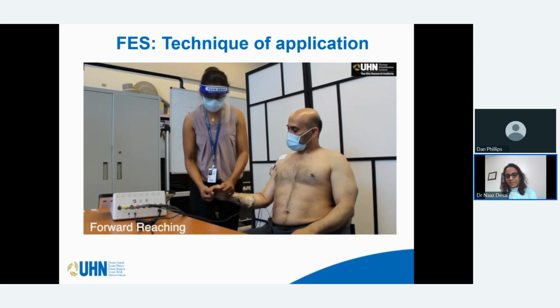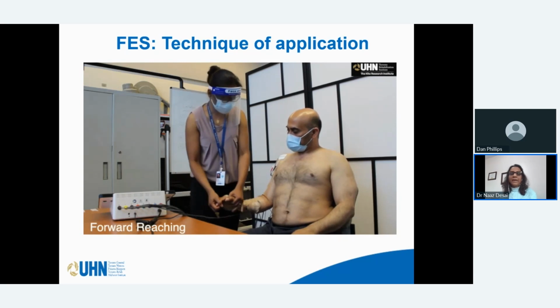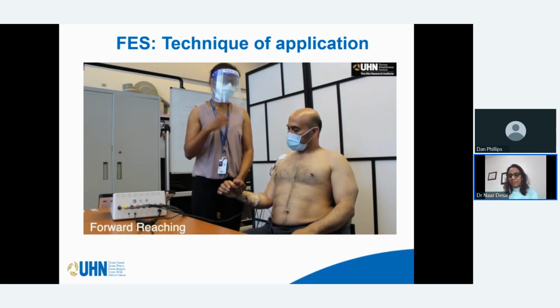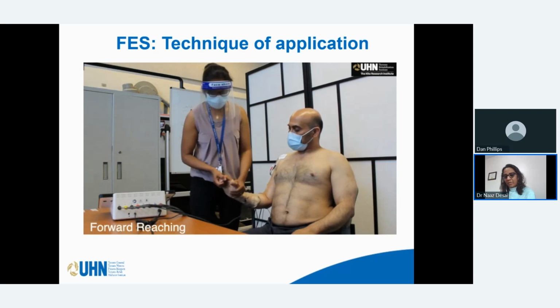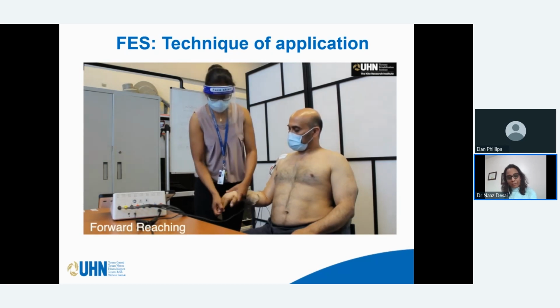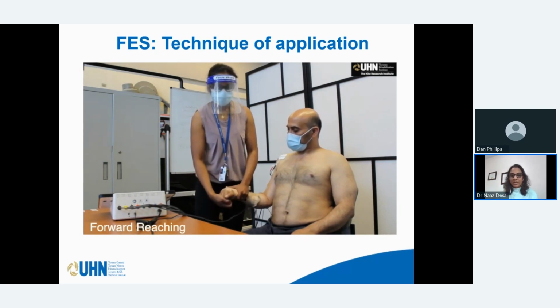And the patient is constantly providing feedback regarding what he's feeling, how he wants the movement to look like on his affected upper extremity. So that is actually really very helpful when we are doing therapy with these patients.